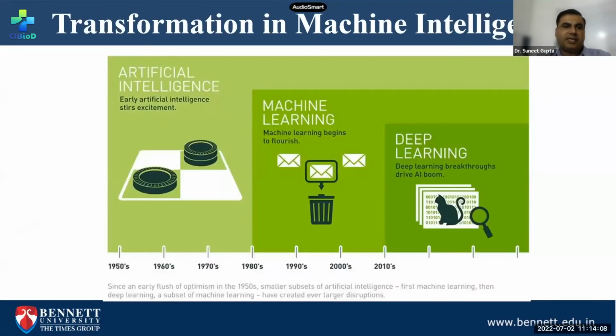Before that, I'm going to discuss the transformations in the machine learning domain. In this image, you can see the area of artificial intelligence is not new. In the late 50s, the domain was already explored by researchers, and then continuous improvement was made, and then we moved towards deep learning.